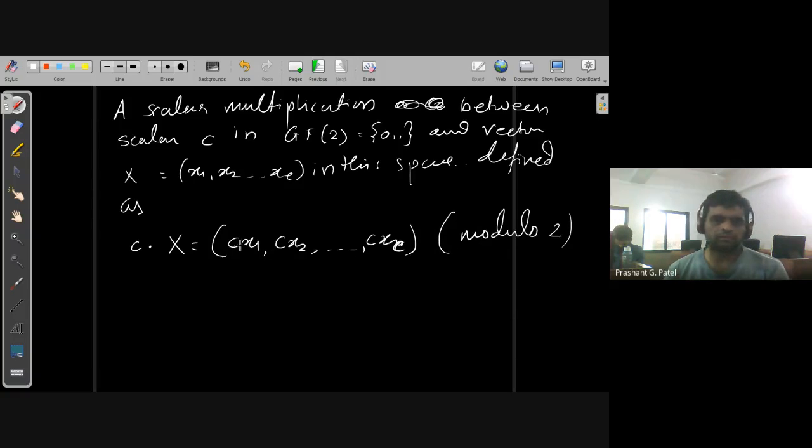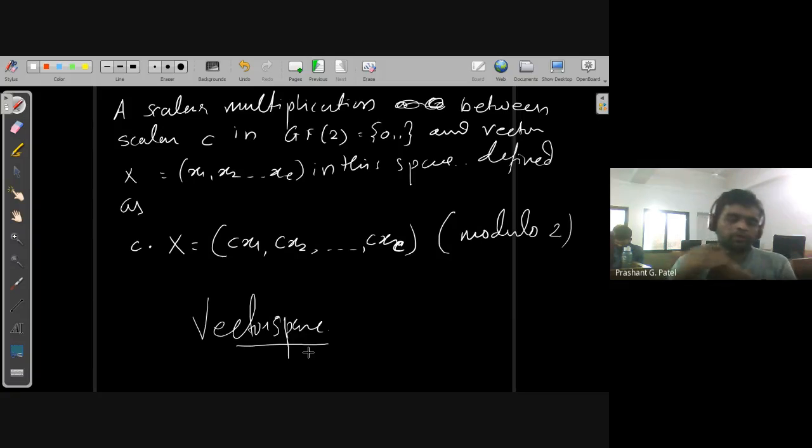With these two operations, the graph G gives a vector space.